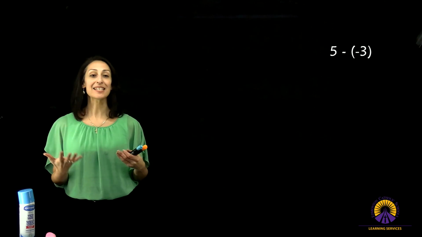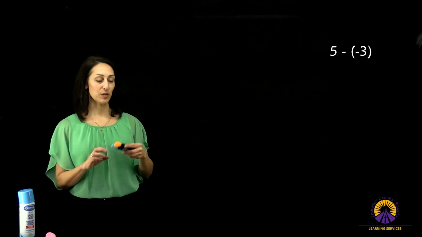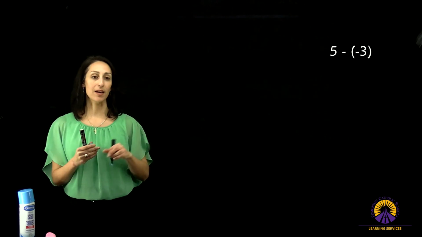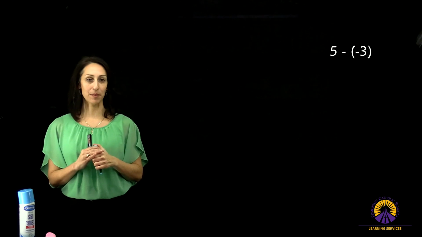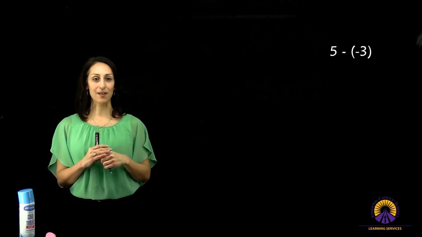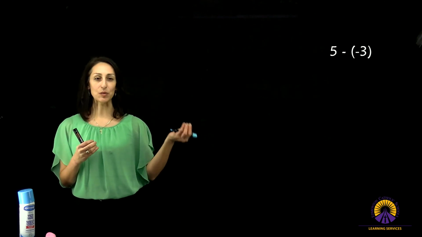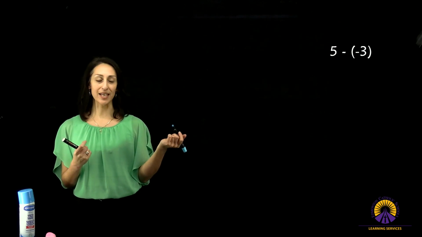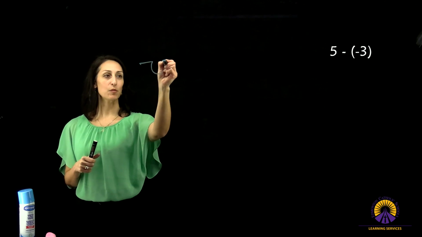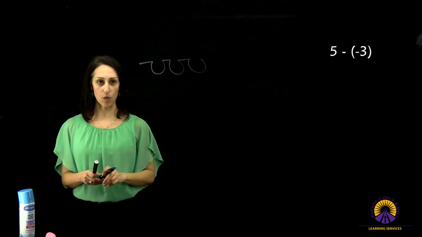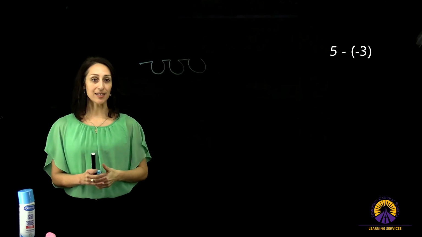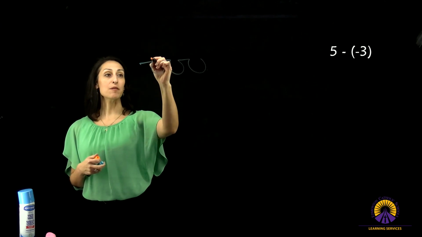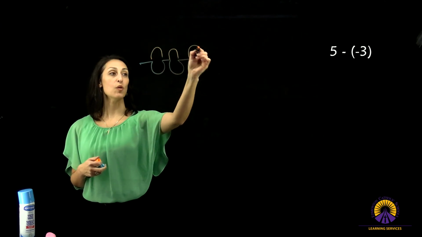I can take that same line of thinking and apply it to a difference when I'm taking away a negative number. So I'm thinking to myself, I have 5, and I need to take away a negative 3. Well, how do I take away a negative 3? I'm going to draw my negative 3 as my holes. And the only way that I can take it away is if I add piles to fill those holes.